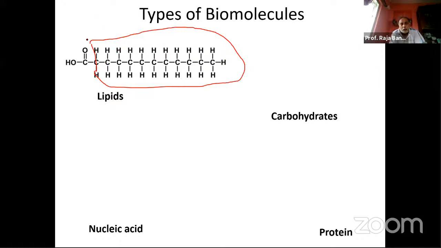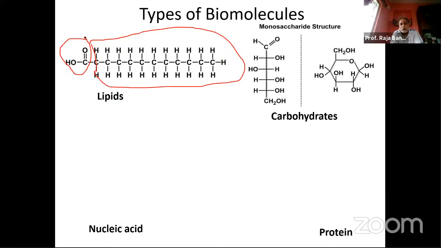And this is the part with the CO2H group, which is the polar group. Then we come to the carbohydrate, where there are a number of molecules and functional groups, and mostly all the carbon atoms.